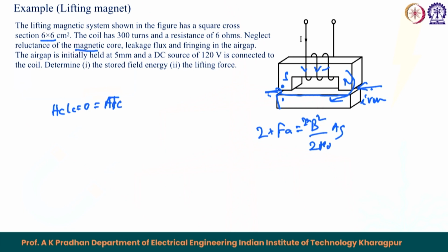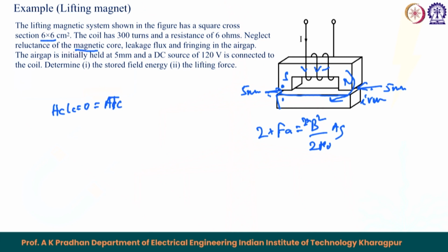Leakage flux and fringing in the gap are also neglected. The air gap is initially held at 5 mm. So, this is a 5 mm air gap at both these sides. This is the scenario, and a DC source of 120 volt is connected to the coil. Determine I, the stored field energy, and the lifting force.